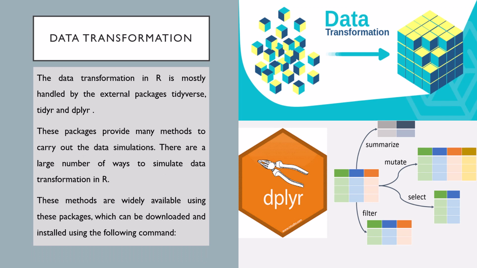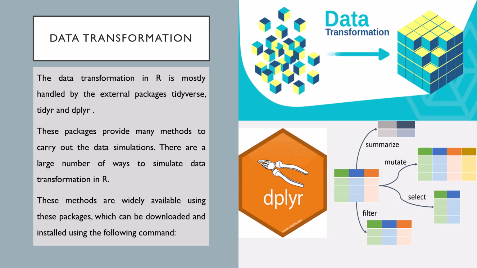So let's look at data transformation. Data transformation in R is mostly handled by external packages like tidyverse and other packages like dplyr. These packages provide many methods to carry out data transformations.